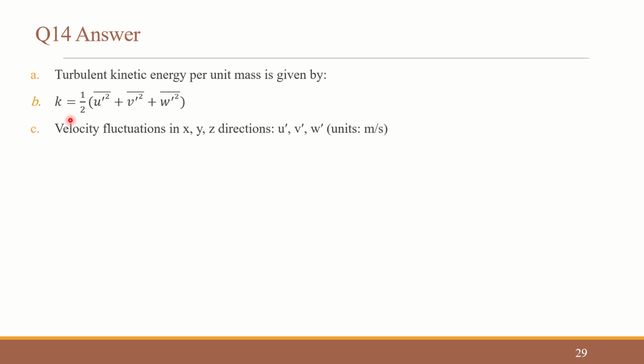And what is the unit of U dash, V dash and W dash? We all know it is meter per second, because they are velocity values. So the unit is velocity unit only.